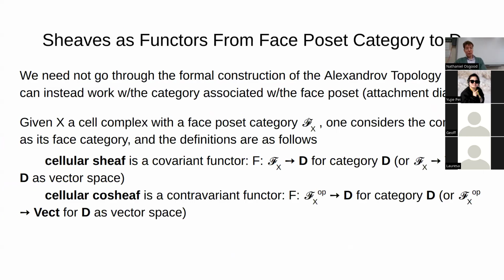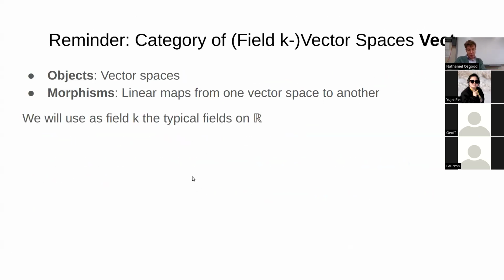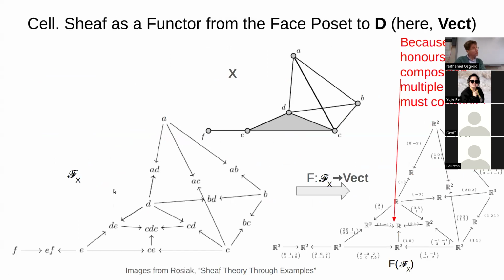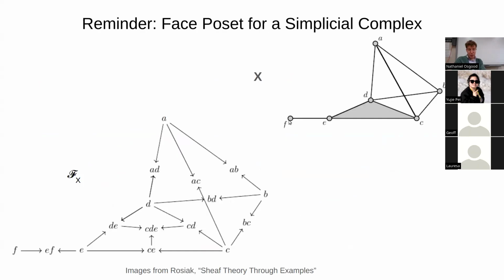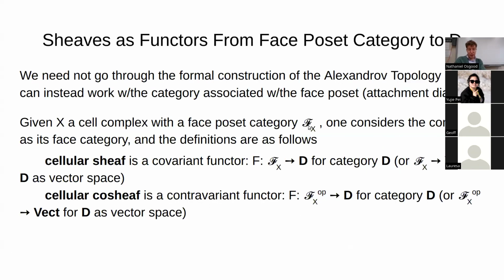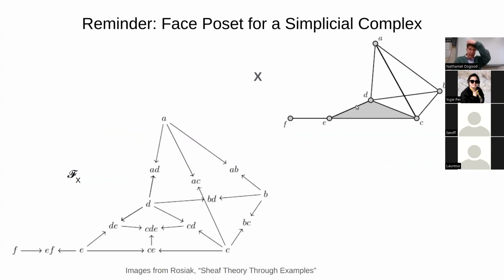Now, I'm a little bit confused about the notation used at different places in Rosiek, but here the face poset, this face poset, is being denoted with the f of x. So if we have x, here's our x, right?